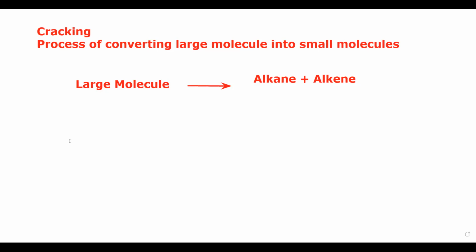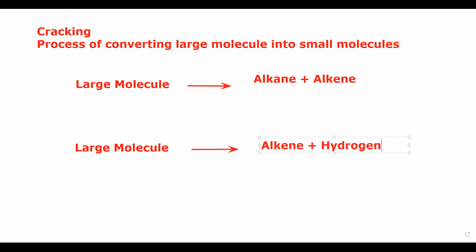Or the second possibility: when we do cracking and break down the large molecule, it might produce alkene and hydrogen. So these are the two possible products which we can obtain when we are cracking.